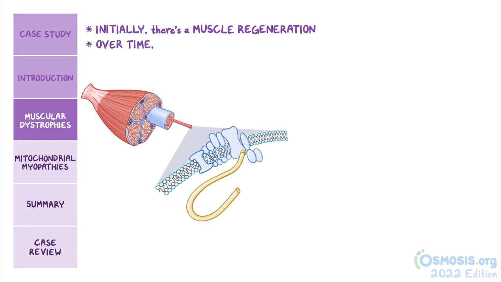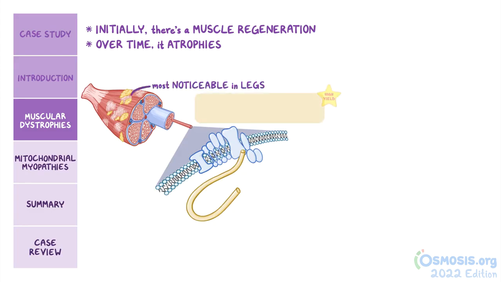Over time, however, the muscle tissue can't keep up, so it atrophies and gets infiltrated by fat and fibrotic tissue. This process can occur in any muscle, but it is most noticeable in the muscle of the legs. In a test question, this will classically manifest as calf pseudohypertrophy, where the calves are visibly enlarged. But that's because of fat and fibrotic tissue rather than actual muscle tissue.